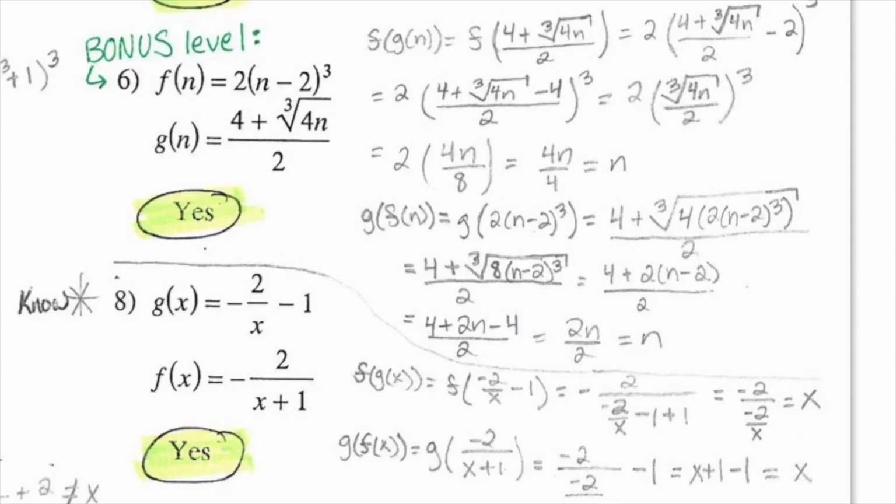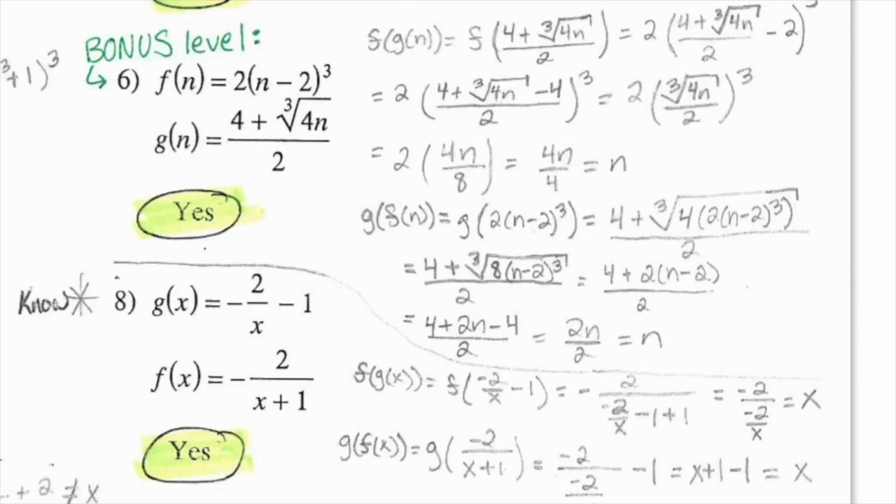And remember, the purpose of using function composition to figure out if two things are inverses is that one function is going to go inside of another. So the first composition we want to do is f of g of n, or fog, as some of you are fond of saying. But what that means is this entire function g here is going to take the place of the input variable for f, which is n.